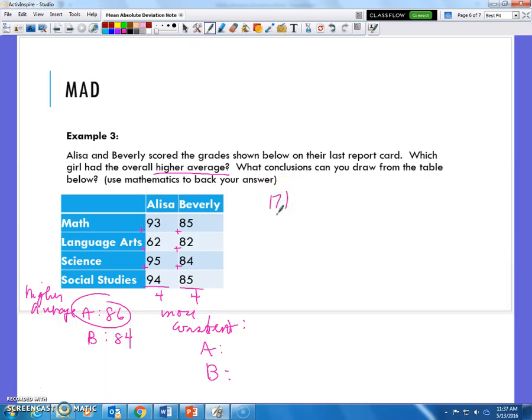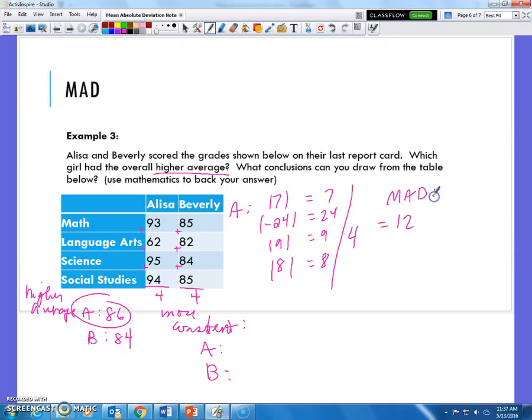And 95 minus 86 would be 9. 94 minus 86 would be 8. So 7, 24, 9, and 8. I need to find the average of those, so I'm going to add them up and divide by 4. 48 divided by 4 equals 12. So for Elisa, she has a mean absolute deviation of 12.